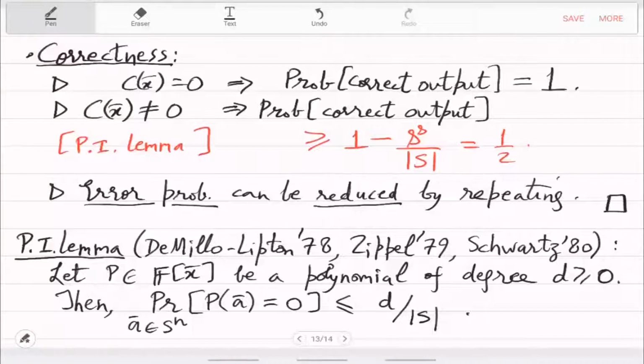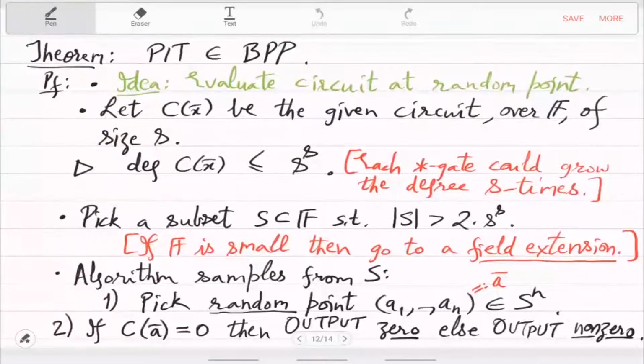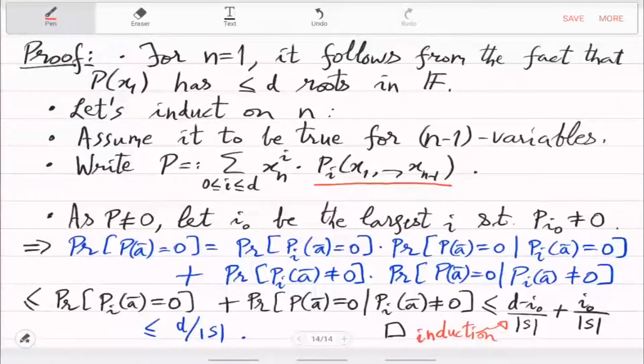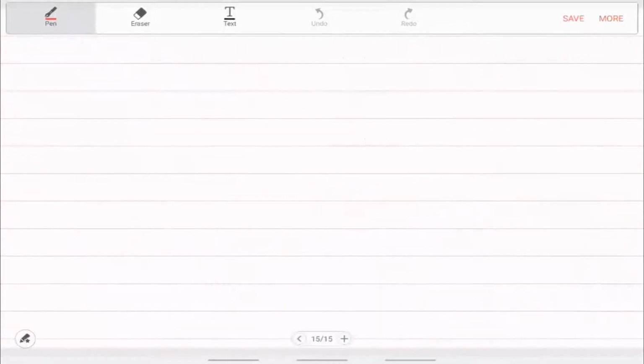Okay, so this lemma tells you that in the sample space, the roots are actually very few. So randomness helps. So let me leave you with this question: how fast can you do this? When F is small, how do you go to a field extension, right? That algorithm also you should know. This is an exercise for you.